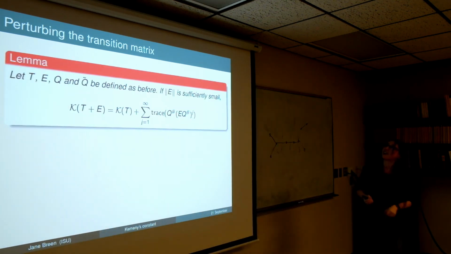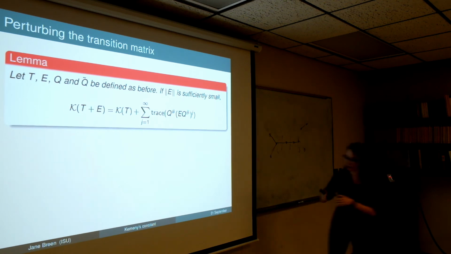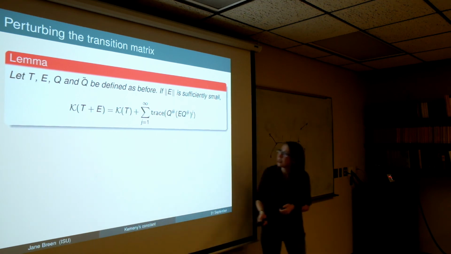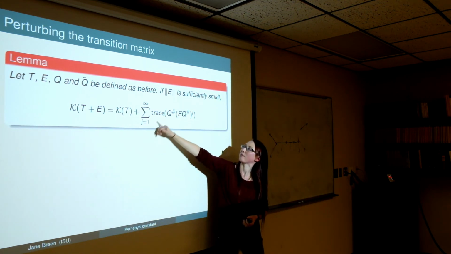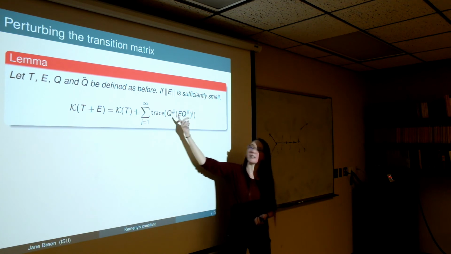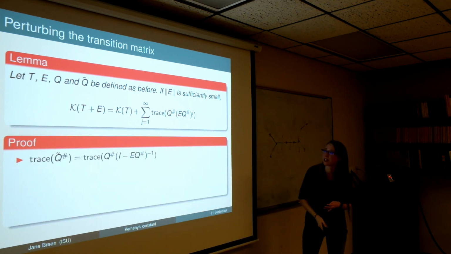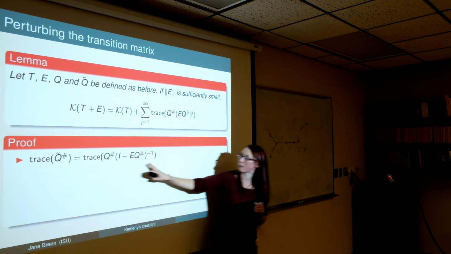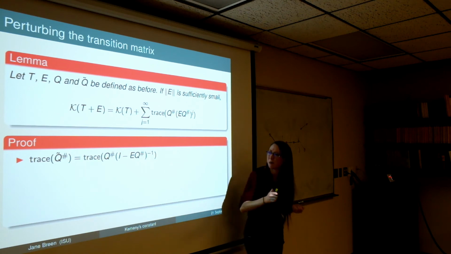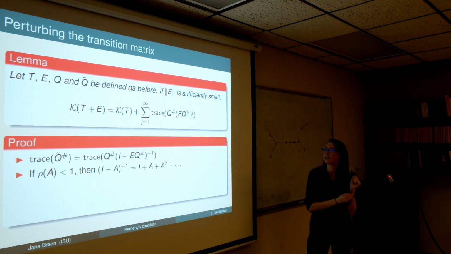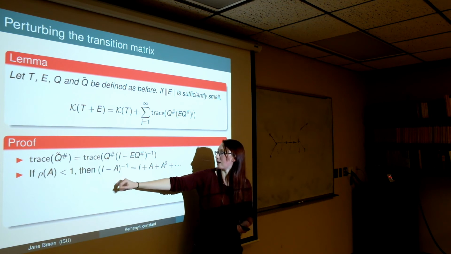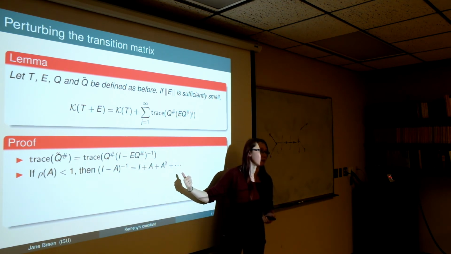Right, so the first thing we'll do is write an expression for Kemeny's constant of my perturbed guy in terms of the last one, which is just this infinite sum of increasing powers of Q sharp. The proof is just, as I said before, the trace of that larger other term was just 0, so I'm just thinking about the trace of this one. And you might remember from a matrix analysis course that if the spectral radius of a matrix A is less than 1, then you can write the inverse of I minus A as this geometric series.